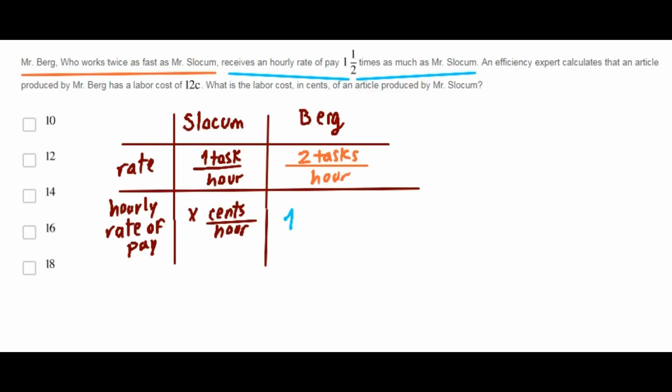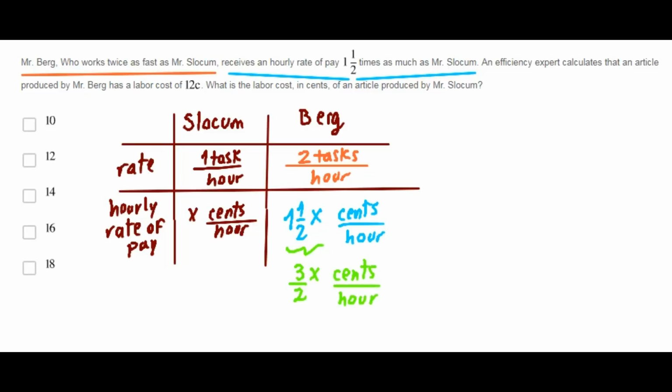So he receives 1.5 of X cents every hour. And 1.5 is the same as 3/2. So Mr. Berg receives 3/2 of X cents every hour.